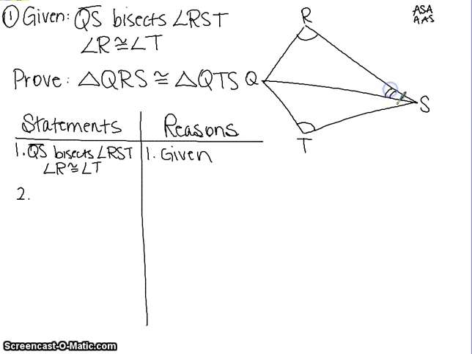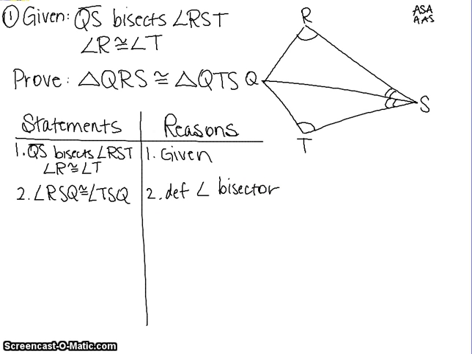That means this part and that part are going to be the same. So what did we just mark there? That angle RSQ is congruent to angle TSQ, and that is definition of angle bisector. Again, that was from chapter 2.